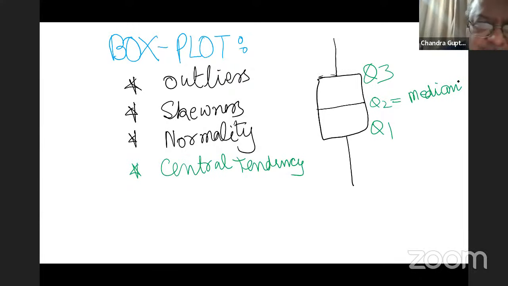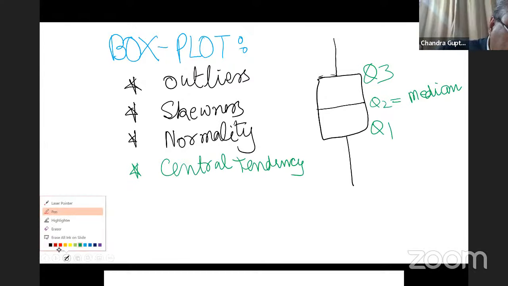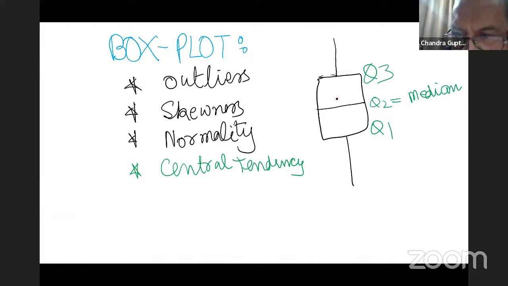And many times you'll find some software gives you a value for the mean. So either they put a dot to represent the mean, or they can draw a separate line to represent the mean. But a typical box plot will show this line as a median line, which is a measure of central tendency.